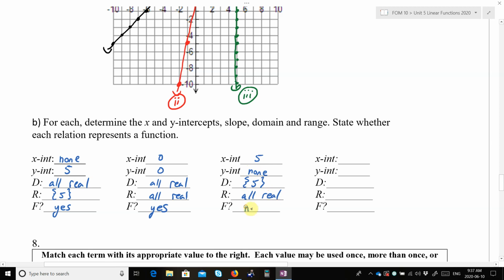This one's actually not a function. And y equals x plus 5, the x-intercept is at -5, the y-intercept is at +5, domain is all real, range is all real, and yes, this one is a function.